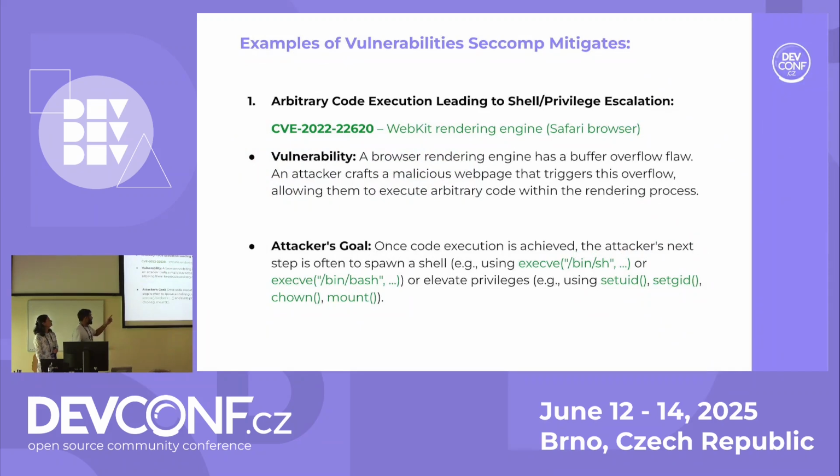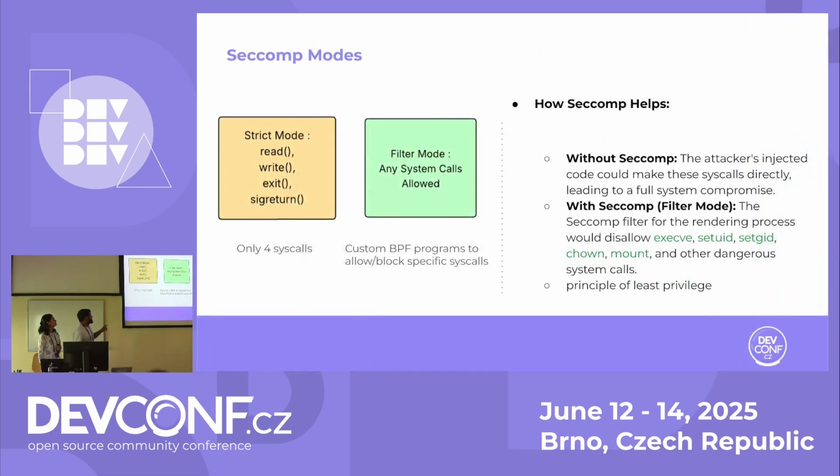Here you can see the attacker's goal is to spawn a shell that will have root access, so he can do anything he wants. What Seccomp does is, there are two modes basically, the strict mode and the filter mode. Nowadays the filter mode is used more often because the strict mode allows only limited system calls, that is read, write, exit, and sigreturn, but in filter mode any system call can be allowed.